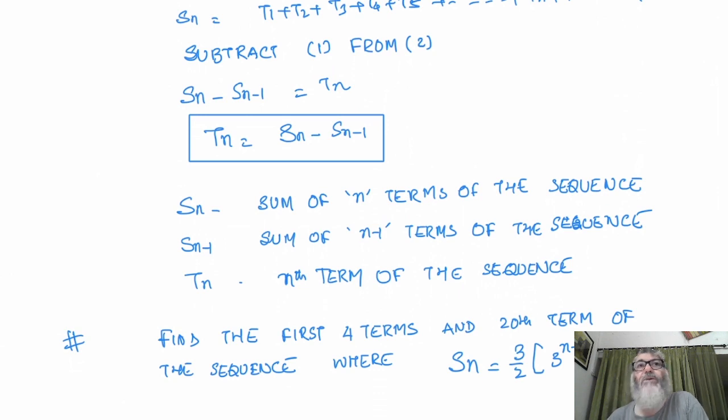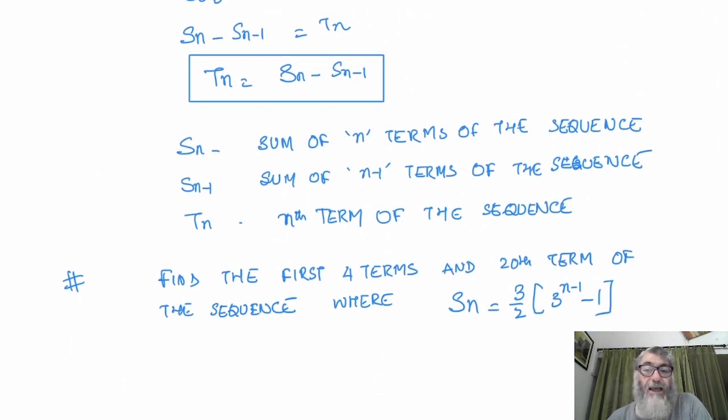Now he has given you the sum of n terms. Sn is the sum of n terms.